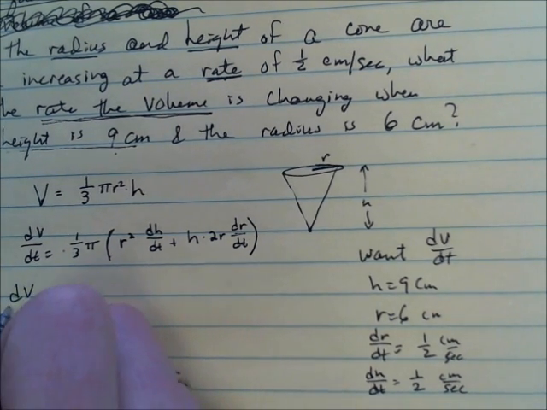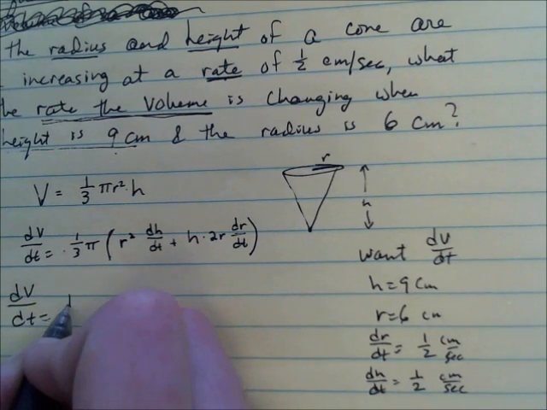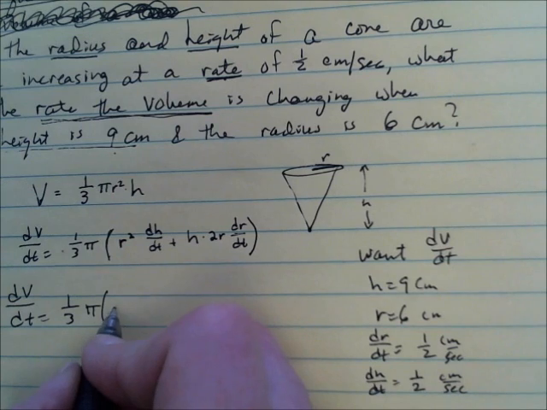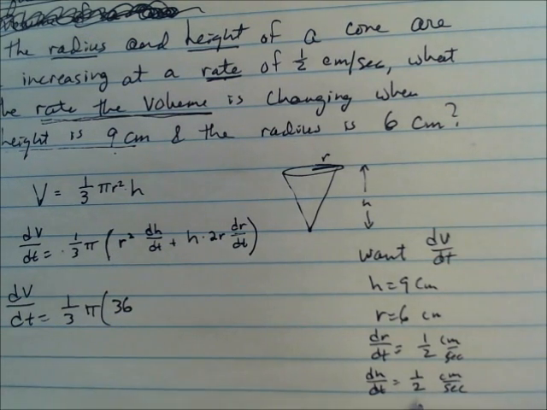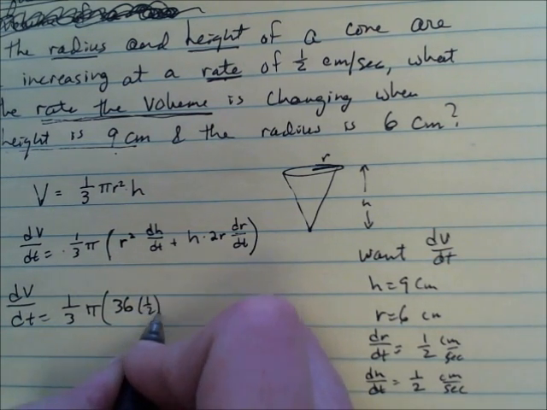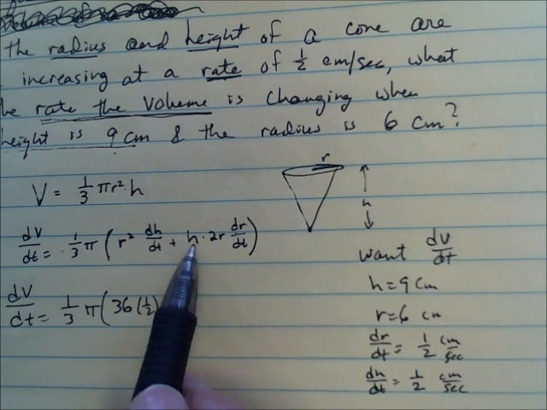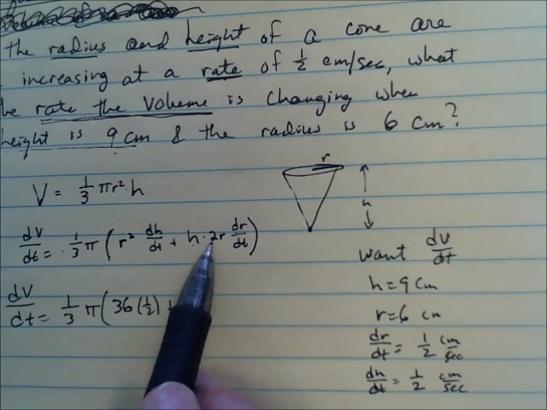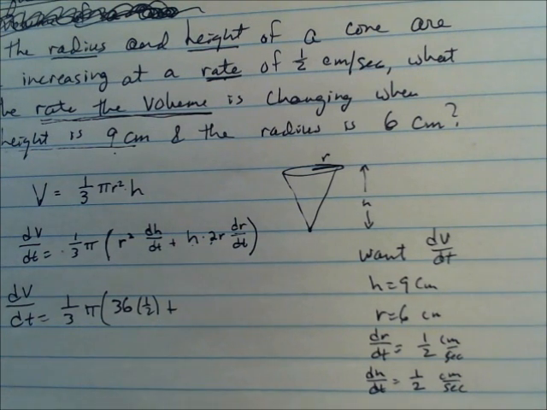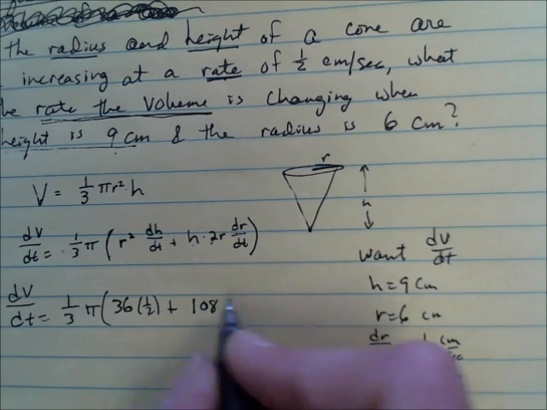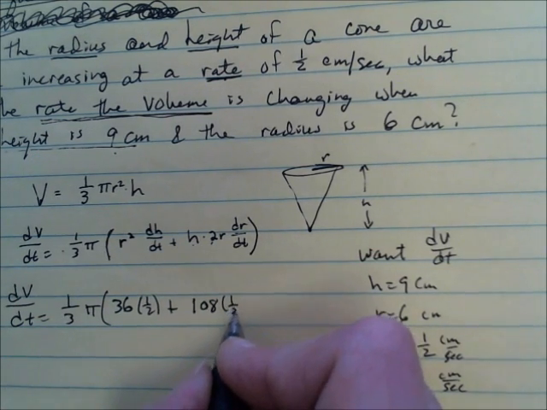So dV/dt is equal to 1/3 times pi. Let's see, r squared is 36, dh/dt is 1/2, plus h is 9, 9 times 2 is 18, and 18 times 6 is 108, and dr/dt is 1/2.